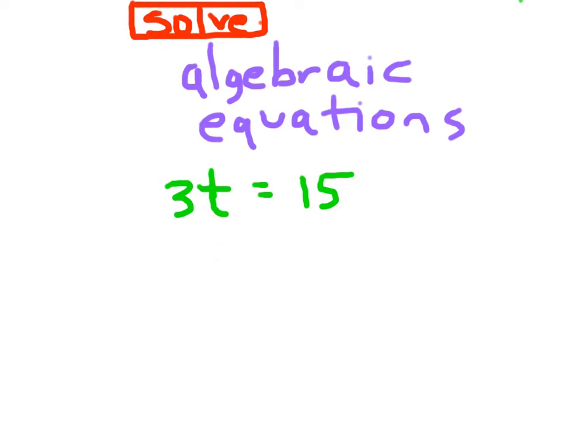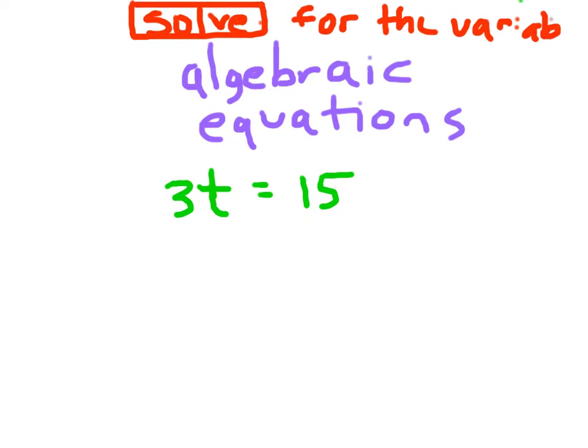You'll also notice with an algebraic equation, it's an equation, so we have an equal sign. Here we have the equation 3t equaling 15, and we're asked to solve. And when it says solve, all it's meaning is solve for the variable.